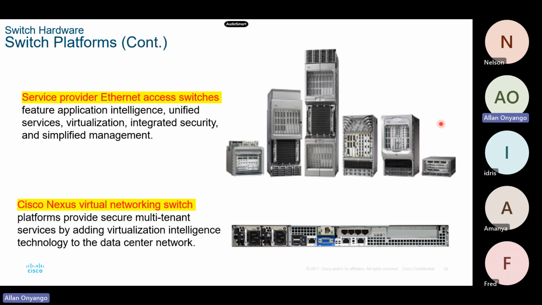Some of them are huge. Okay. Down here, of course, we have the Cisco Nexus virtual networking switch. This provides multi-tenant services, and it has some virtualization intelligence technology, and is majorly used within data centers. Okay.